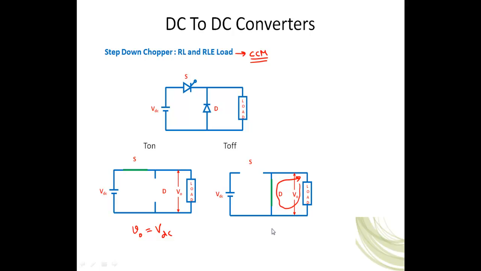During this period, even though the inductor is supplying energy back to the load, the load is short circuited by the diode. That's why the output voltage will be 0, but current will be there. In this case the inductor is getting charged by the source. Here the inductor is getting discharged through the load resistance and back EMF.